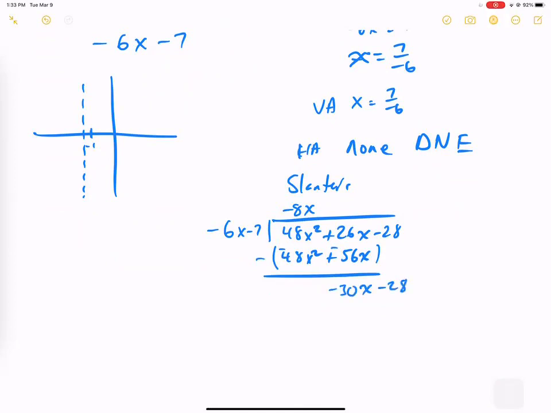We can match it. Negative 6 and 30 is a positive 5. Negative 30x, let's do minus 35. And we can combine those values together. That's going to give us plus 7, over negative 6x minus 7.